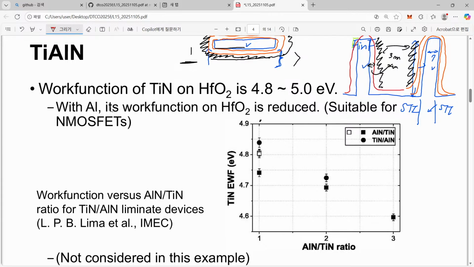Simply speaking, if we introduce a titanium nitride layer on top of hafnium oxide, that is the typical case: silicon interfacial layer and hafnium oxide. After that, we introduce a titanium nitride layer, whose thickness is just a few nanometers.